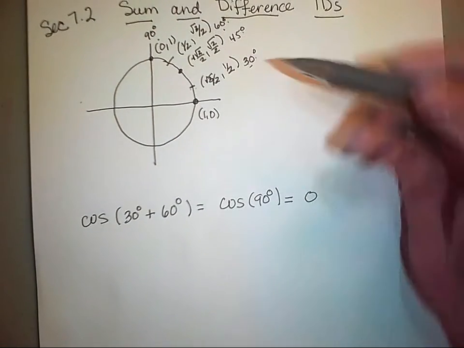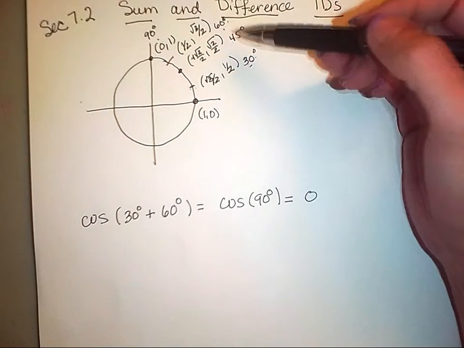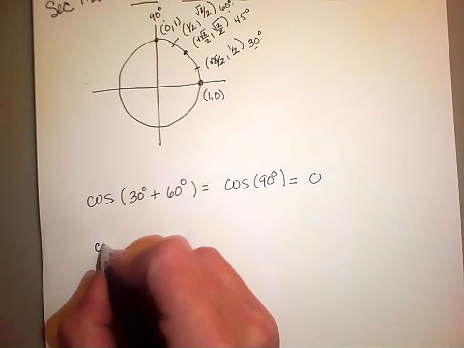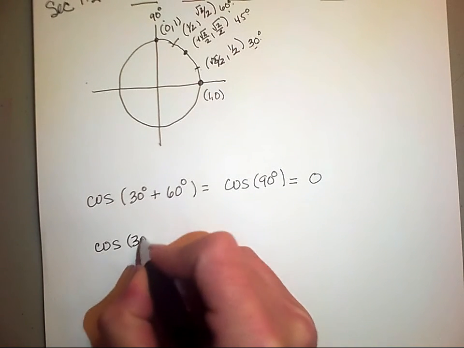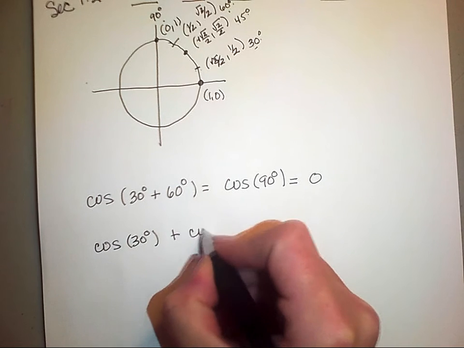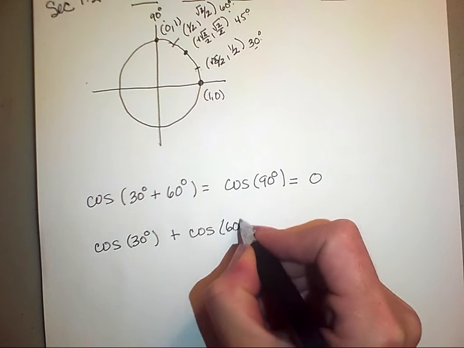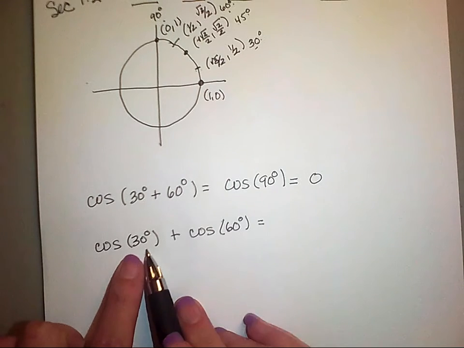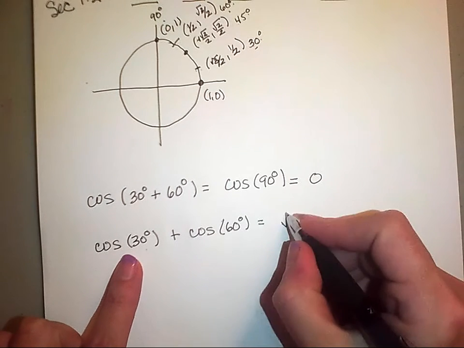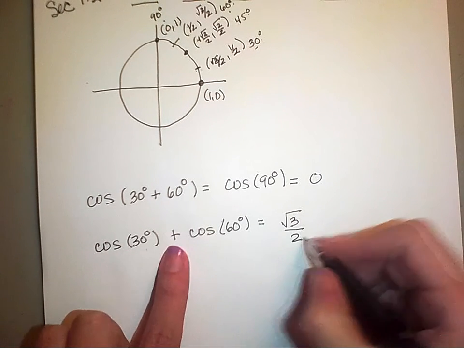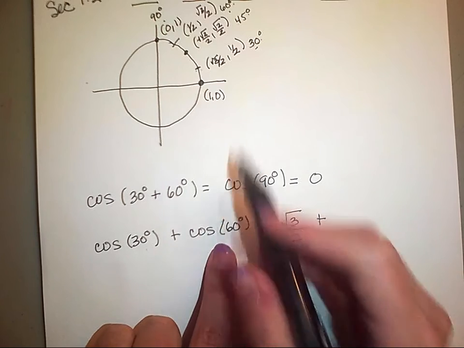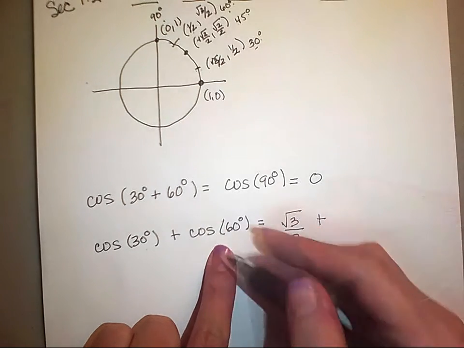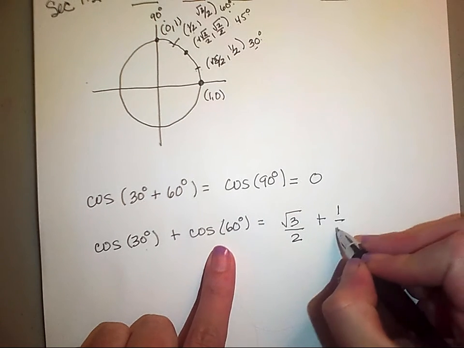Now, what you may have been thinking when I was talking about adding these is, well, then that's the cosine of 30 degrees plus the cosine of 60 degrees. So let's look and see what happens there. Well, the cosine of 30 degrees is square roots of 3 over 2, then plus, and then the cosine of 60 degrees is 1/2.